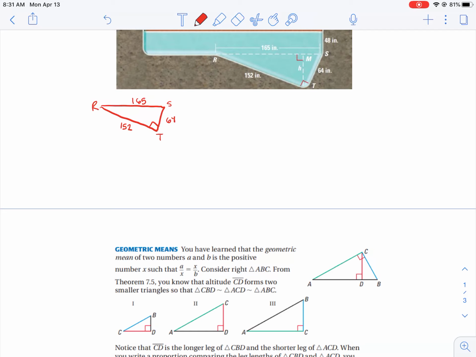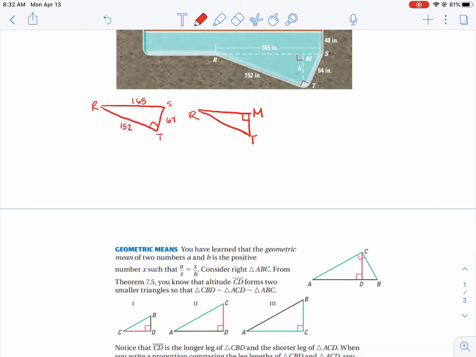All right, and then we have the medium-sized triangle inside of it, where this is T. Oops, I have this flipped, sorry. Well, I don't have it flipped, that's right. T, M, and R. My M is our 90-degree angle.